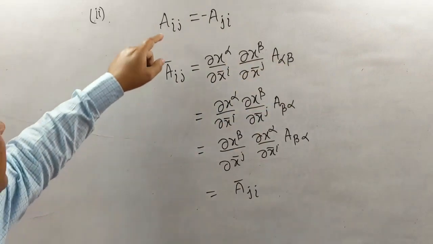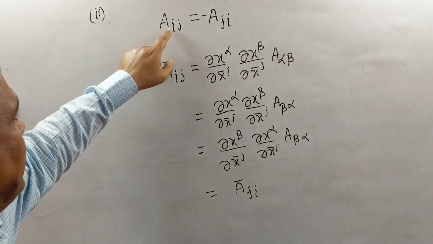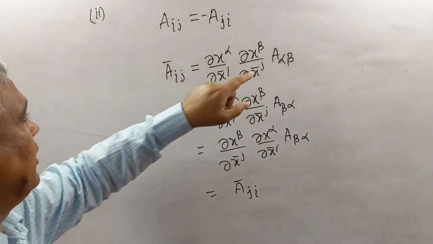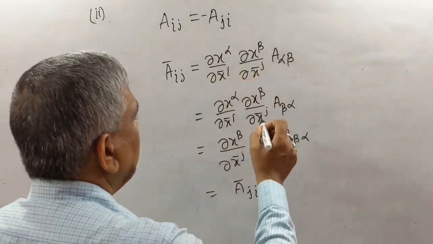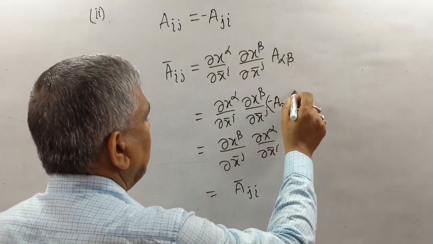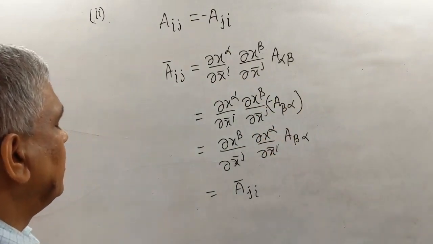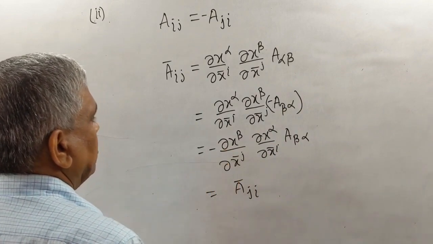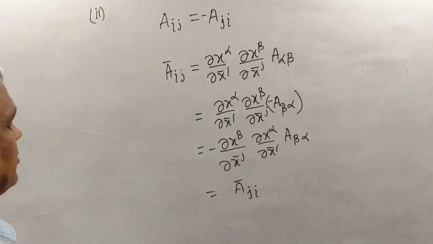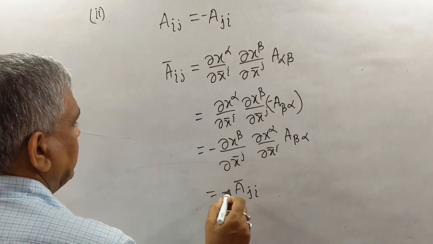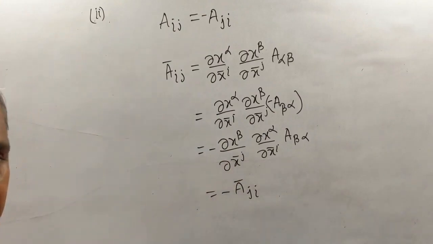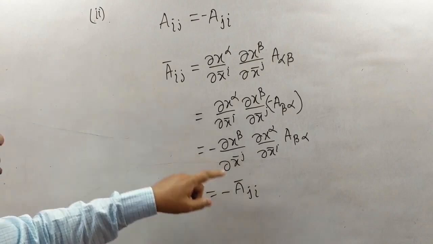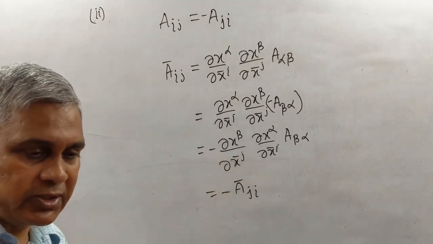As we have seen that Aij equal to minus Aji, therefore A alpha beta equal to minus A beta alpha. So we may write this equal to this. That means minus A bar ji. Hence, the tensor is skew symmetric in X bar system of coordinates.